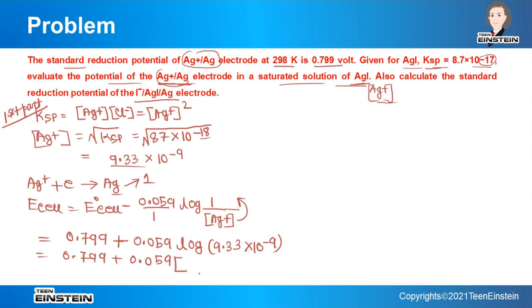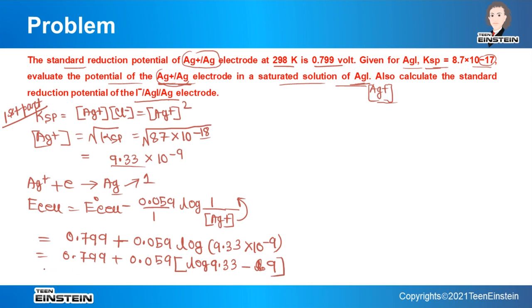Now you can write it as log 9.33 minus log 10^-9, that means minus 9 log 10, and log 10 is 1, so it is simply minus 9.